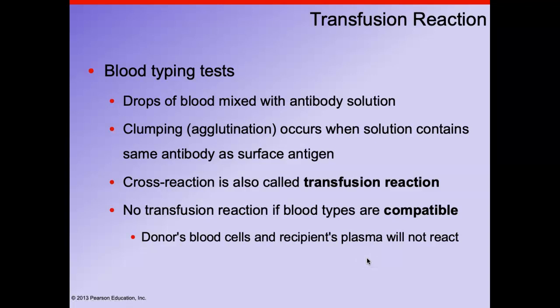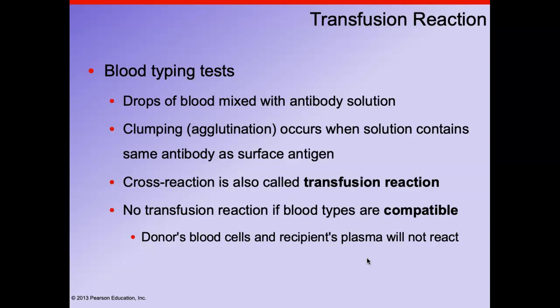So if you were in the lab, we would be using these cards called Eldon cards, which can test your blood type. On the card is a little bit of the antibody, and you put a drop of your blood there and mix it. And if you see clotting, you can determine what type of blood you have.